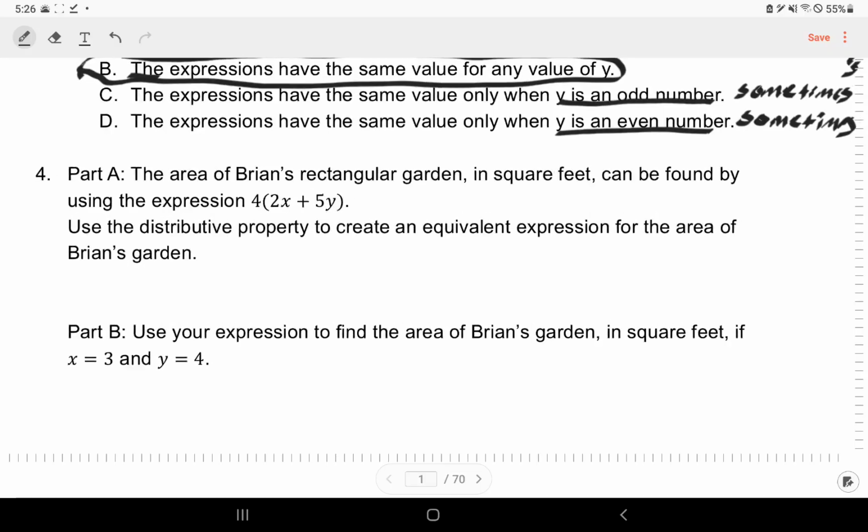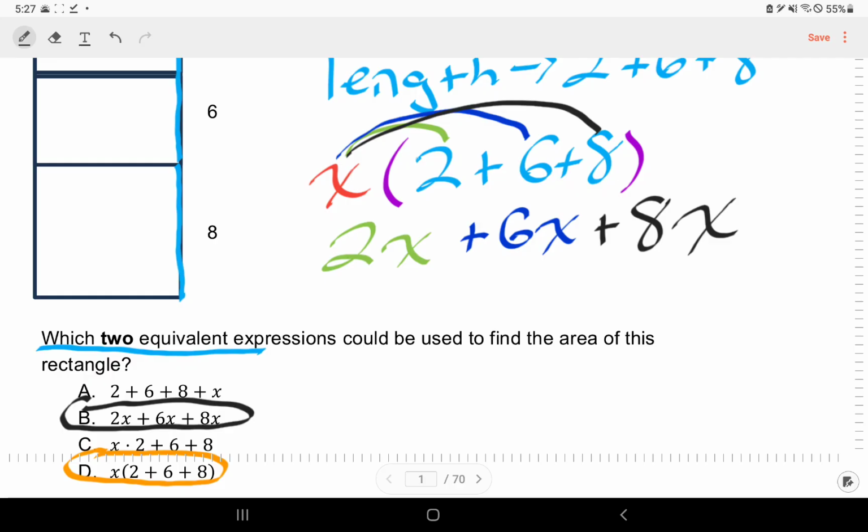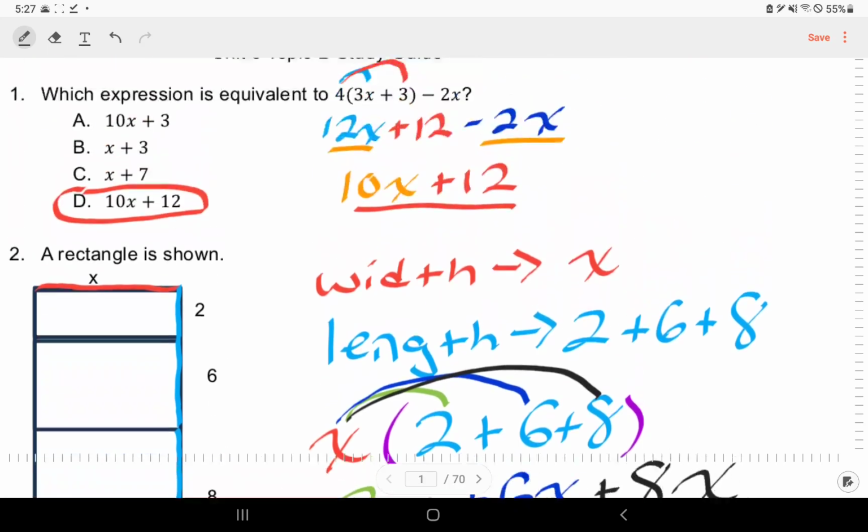Now, 4 is a Part A, Part B question. Use the distributive property to create an equivalent expression. Well, distributive property is what we were doing here. We take what's outside and multiply it by what's inside.